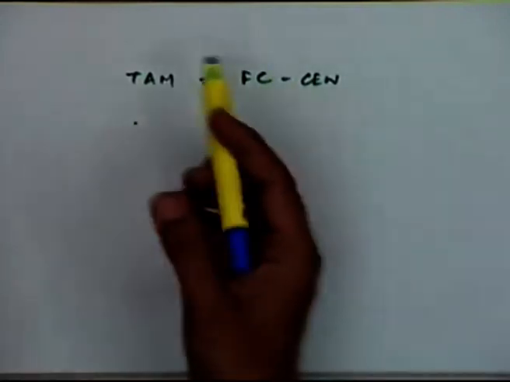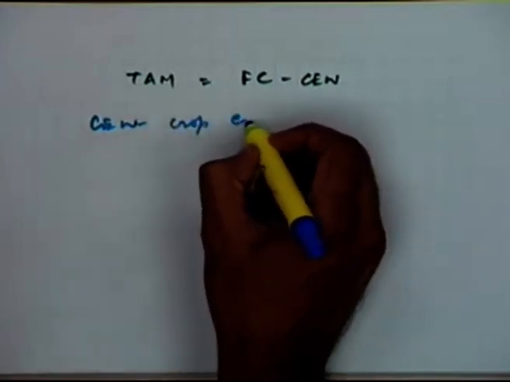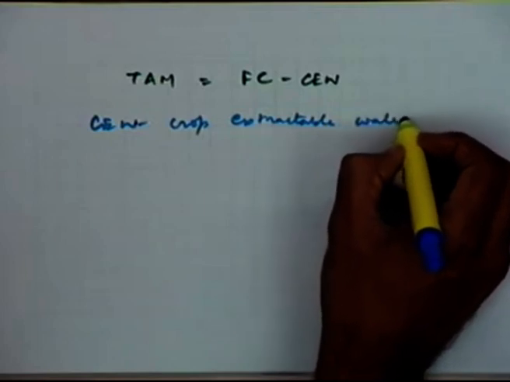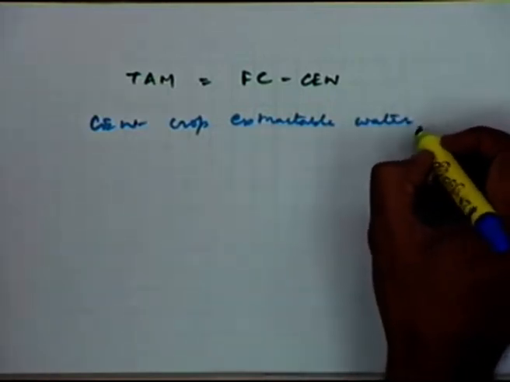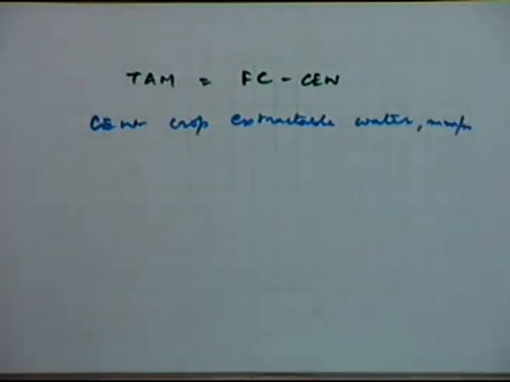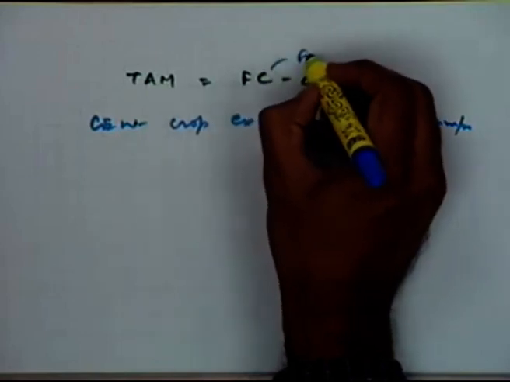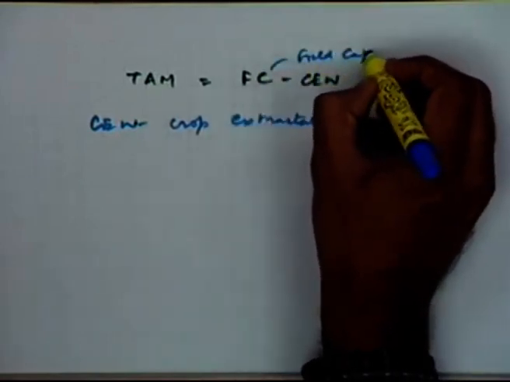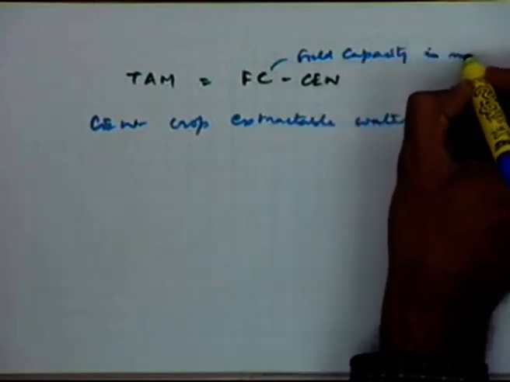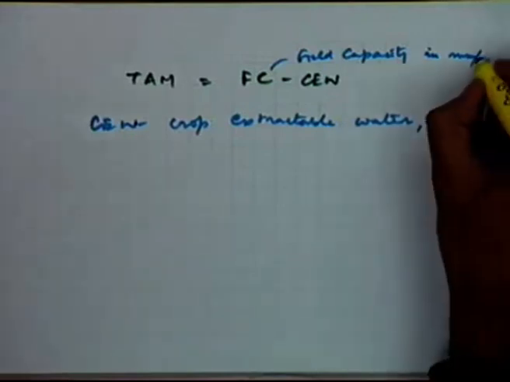So, CW you can say is the crop extractable water, millimeters per meter. This is also the field capacity, and millimeters per meter depth.